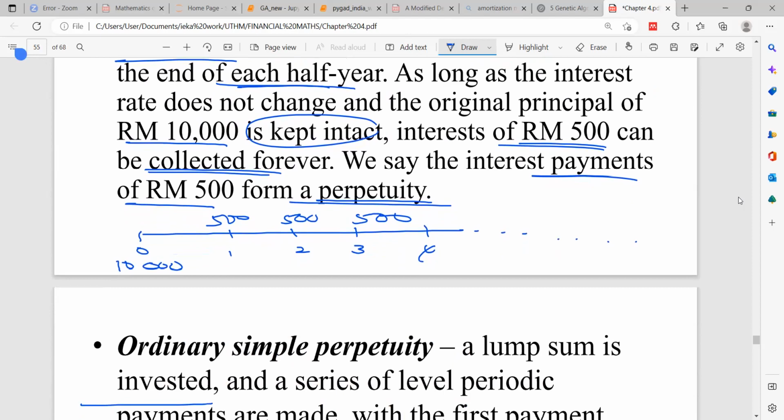So maksudnya kat sini, dia buat investment 10,000 tu satu kali je, tapi interest yang dia terima tu 500 setiap 6 bulan dan continue forever.